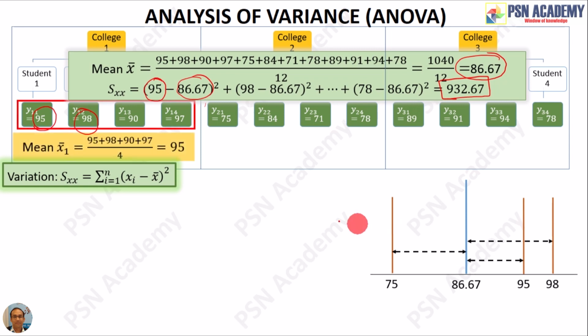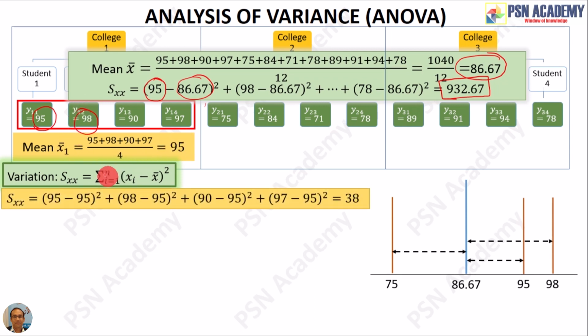Okay. Now get into this college 1. Within this college 1, this one is x1 bar. This 1 here actually indicates the mean belongs to college 1. So this one we have got 95. So we can have the variation within college 1 following the same procedure, that 95 is your mean and 95 is your data point within college 1, that is y11.